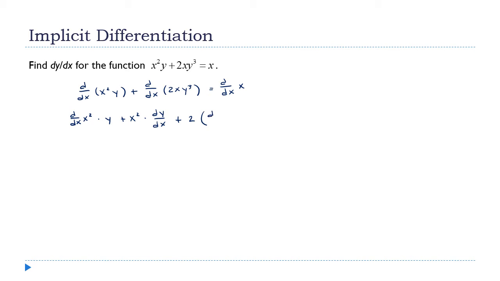This is the derivative of x times y cubed plus the derivative of y cubed times x. It's just our product rule, equals, and I can go ahead and do that derivative. That's just 1.